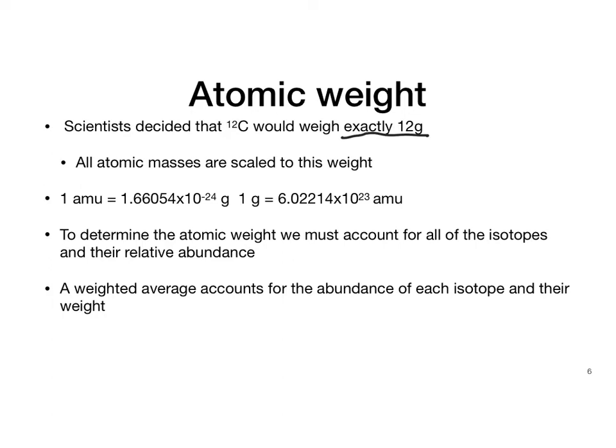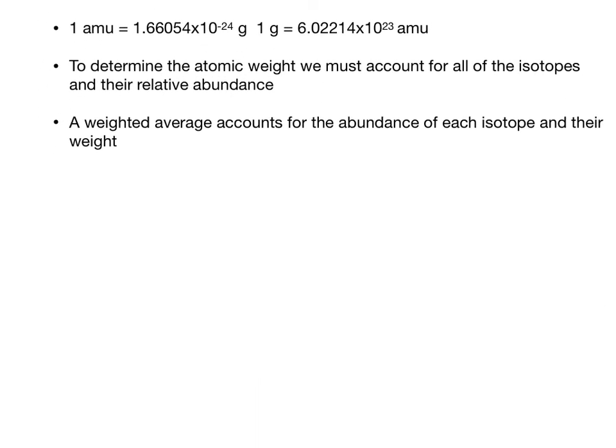Once we know this, we need to be able to account for the fact that there are isotopes. And in order to do that, we're going to use something called a weighted average. So a weighted average means that the atomic weight is equal to the sum.